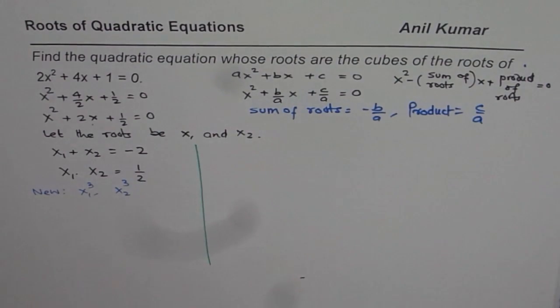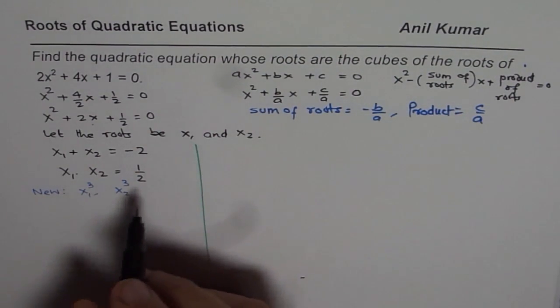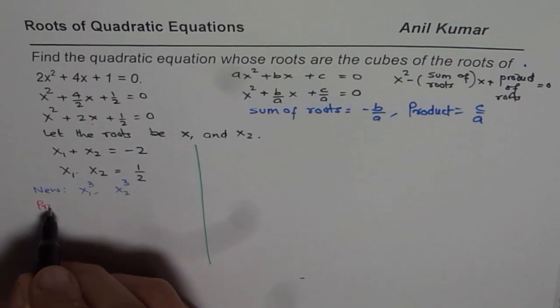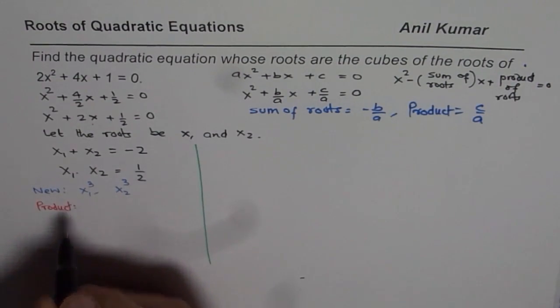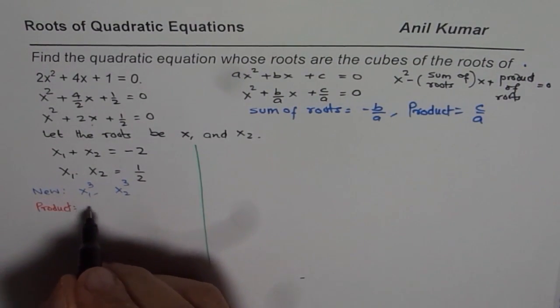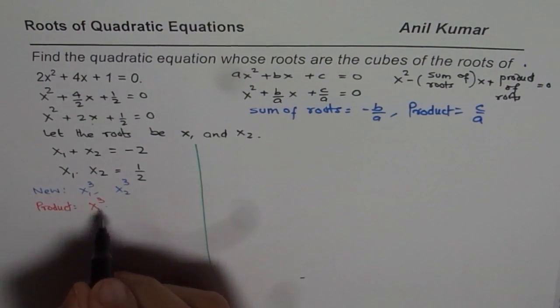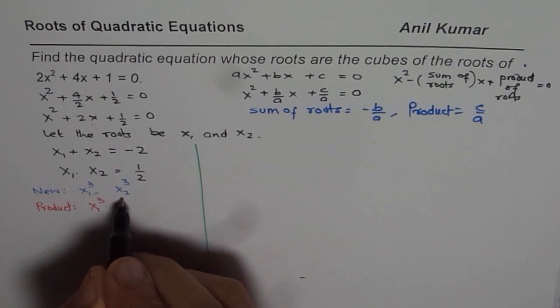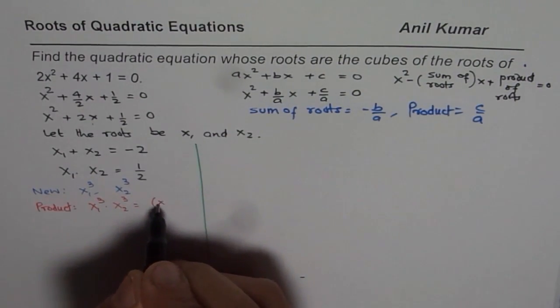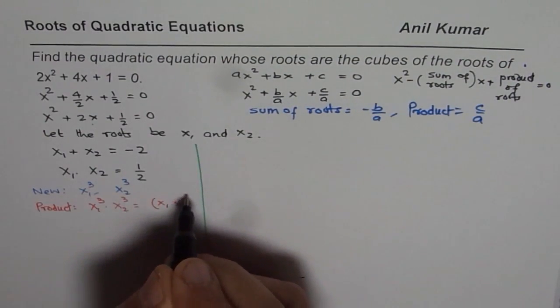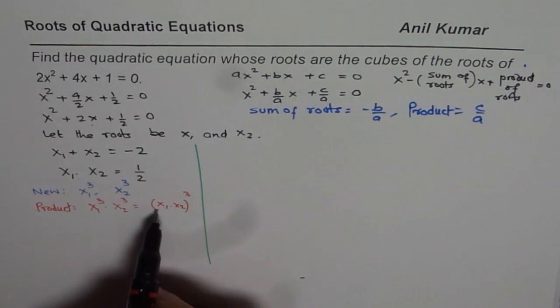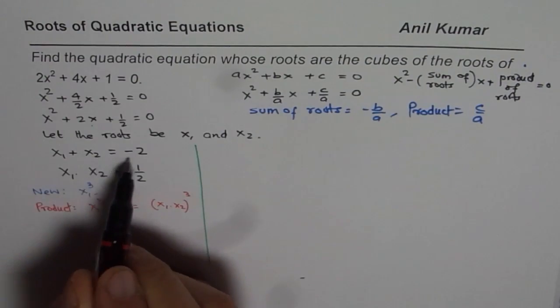So first, let me find the product of this. So product will be x1 cube times x2 cube, that is x1 times x2 whole cube. Now we know x1 times x2 is half.